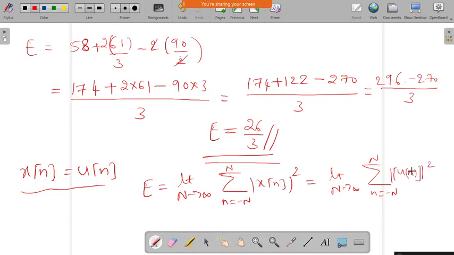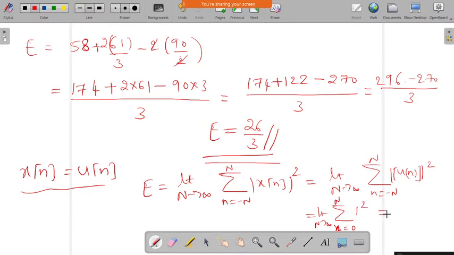So u of n is 1 between 0 to n, so we have to substitute that.